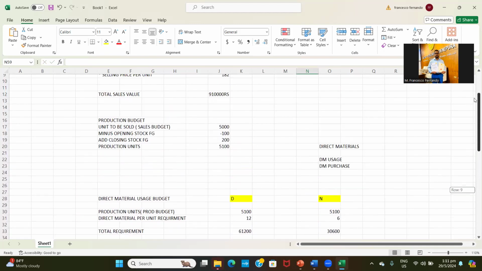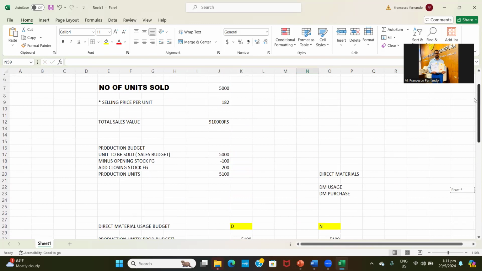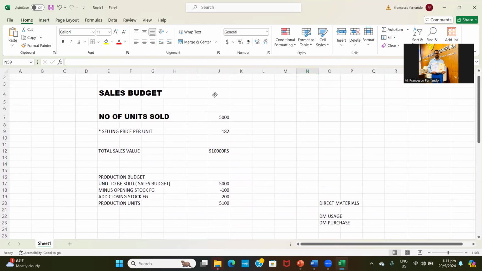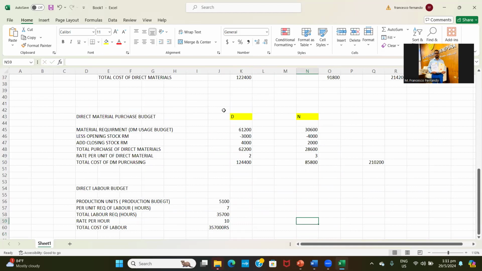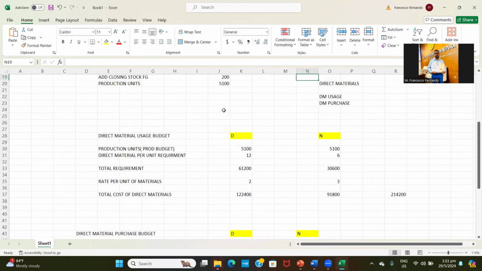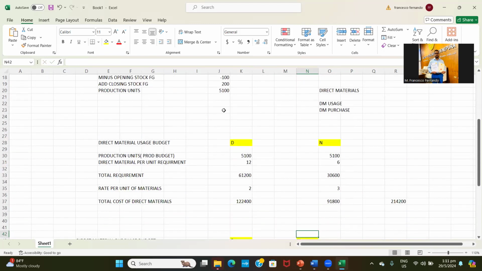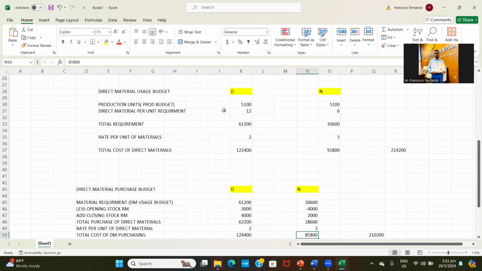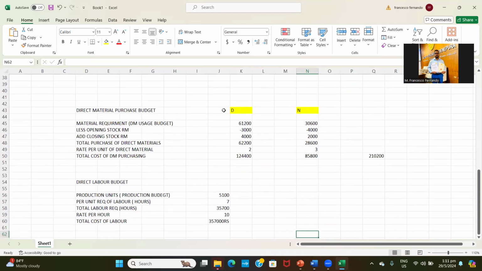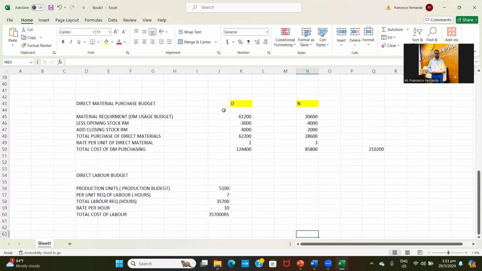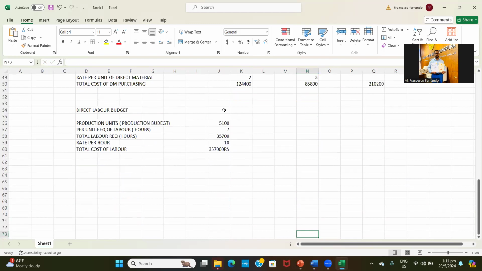So these are the budgets, right? The first one we prepared was the sales budget. Then we prepared the production budget. Then the direct material usage budget, then the direct material purchase budget and the direct labor budget.